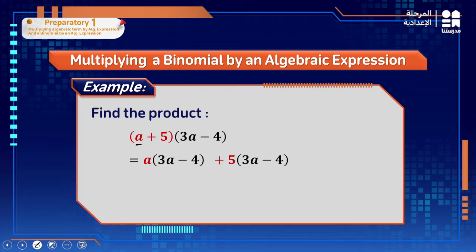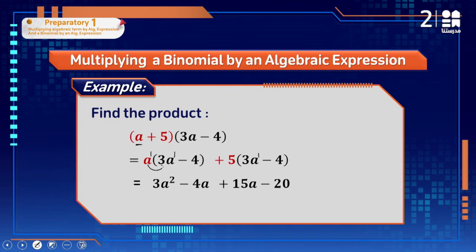Now we are going to use the distribution property. Let's distribute it. And keep in mind any variable, if it doesn't have a power or exponent, that means it's to the power of 1. 3a times a, which is 3a squared.